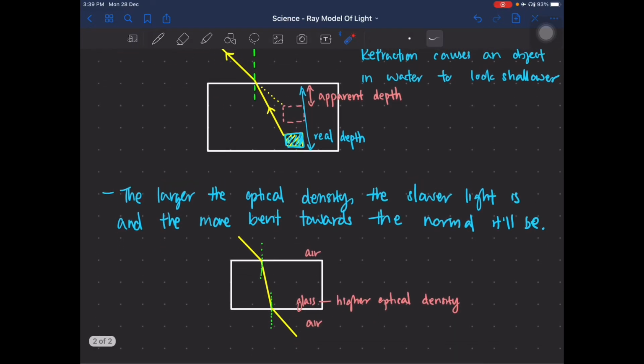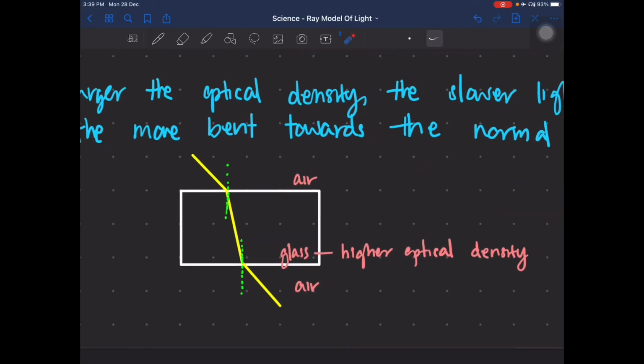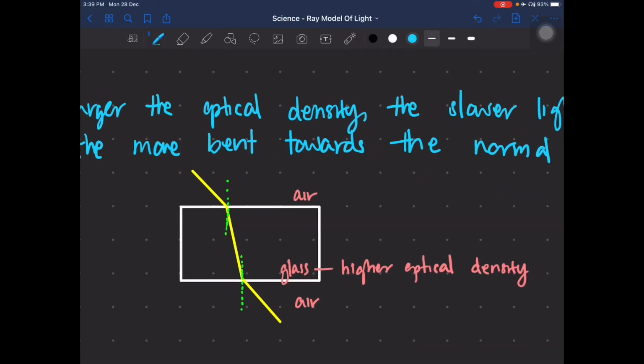It's also important to take note that the larger the optical density, the slower light will move. And when light moves slower, just like a car that's moving across sand, you bend more towards the normal. So you slow down and move closer towards the normal. As you see here, light passes from air to glass to air.